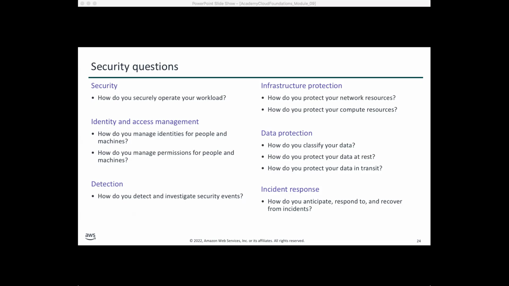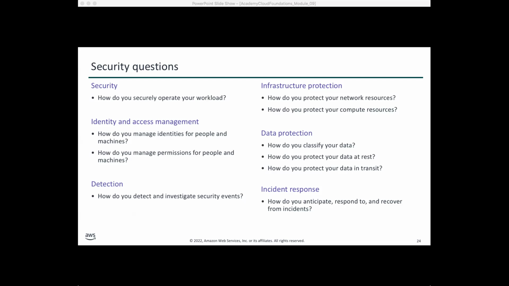You would then look for identity and access management, which deals with giving access and roles to people or resources. So how do you manage identities for people and machines? How do you manage permissions of people and other machines? Answering this question means you are planning, basically.